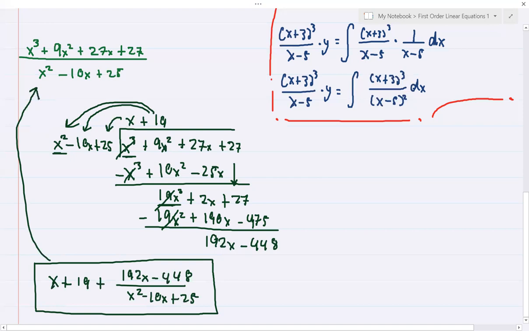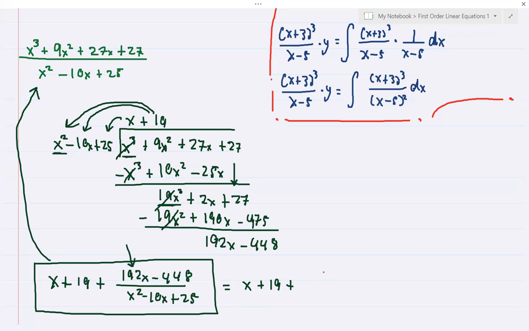Okay, so wait, let me check if I could simplify 192 and 448. We can actually simplify 192x and negative 448. So we will have x plus 19 plus, for 192 and negative 448, what is this divisible by?